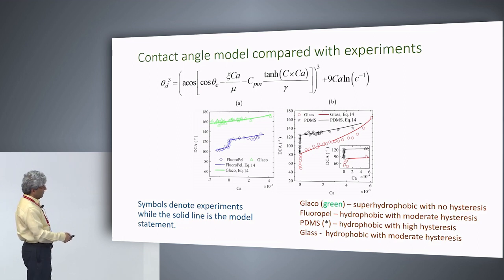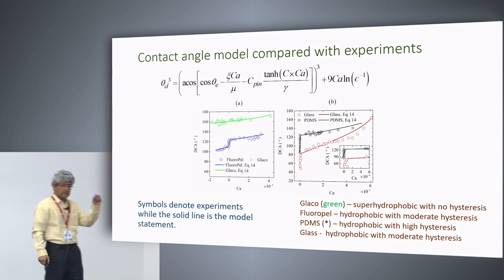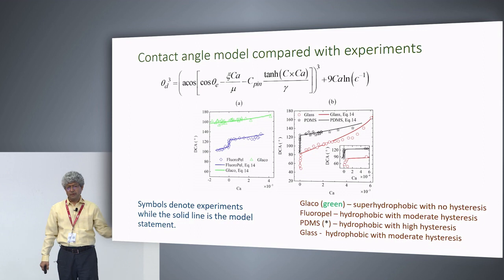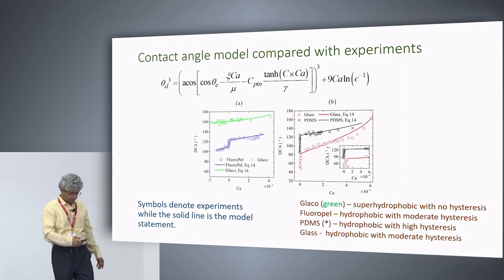So this green line and green symbols are on the glaco surface. The line is our simulation, and the symbols are from our own experiments.